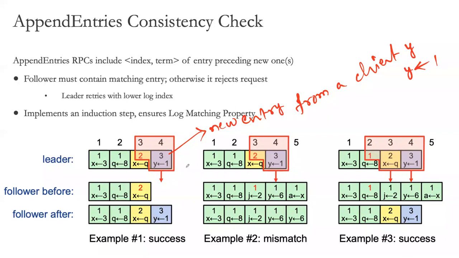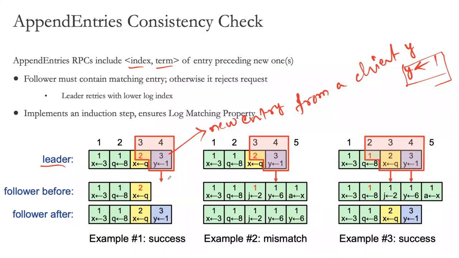So then, in terms of the inconsistency check, your leader will send the index and term along with this new entry. Which index? It is going to send the previous index and previous term plus your new entry, before doing the commitment to this one, that will be sent.